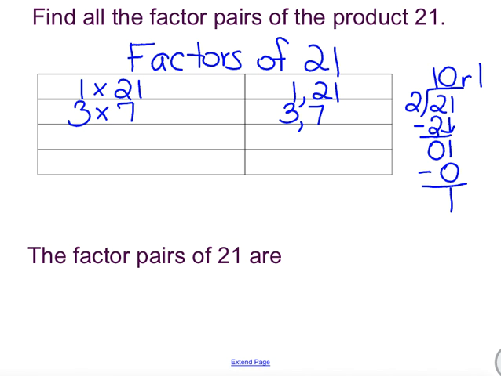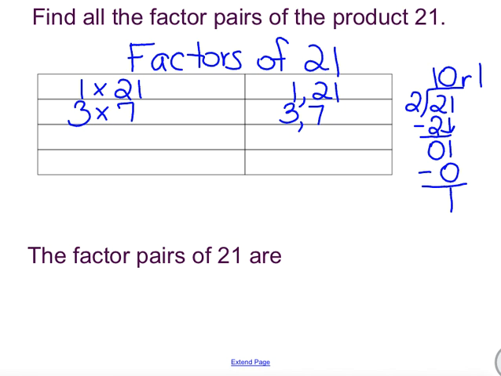But we can try it. Let's skip count by 5s and see if we ever get the product of 21. 5, 10, 15, 20, 25. Nope. No product of 21, so 5 is not a factor. Work is not done. We're going to keep on going.